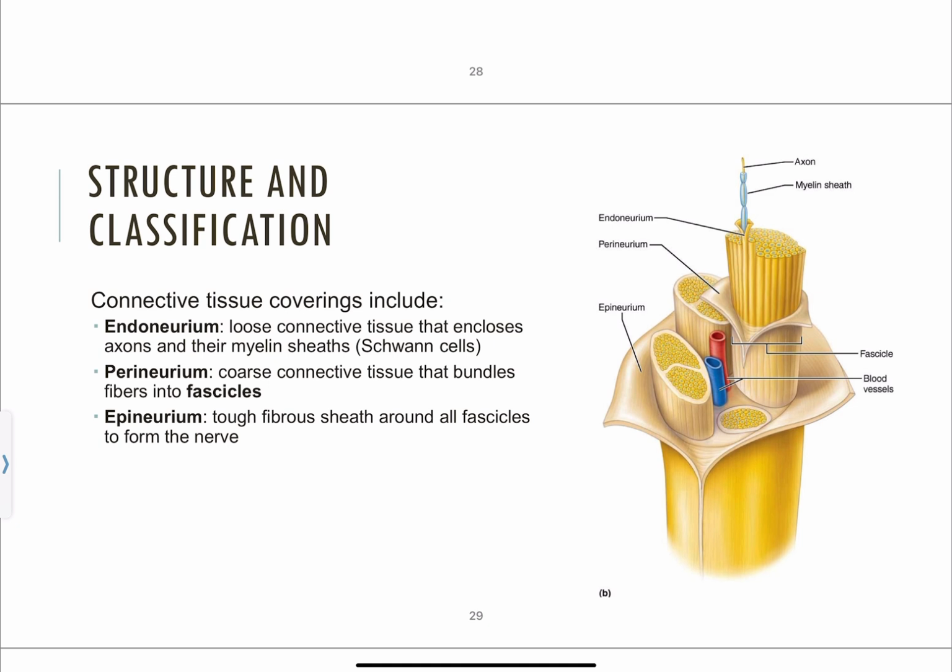And just like muscle fibers, we group axons together in these little groups that are called fascicles, and then each fascicle is going to have its own connective tissue wrapping, and that's going to be the perineurium. And then finally, around the entire nerve itself is going to be a tough fiber sheath called the epineurium. And this is the one that encloses all of the fascicles and actually forms the nerve itself.